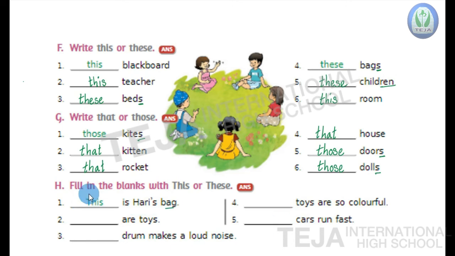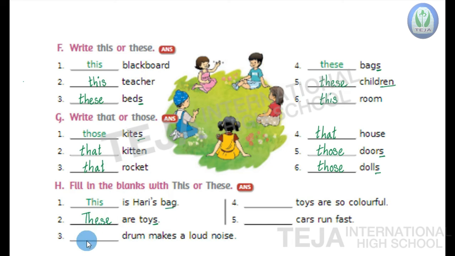Second one, dash are toys. Toys. S is there. So it's more than one toy is there. That's why we use the word these. These are toys. The sentence is, these are toys.